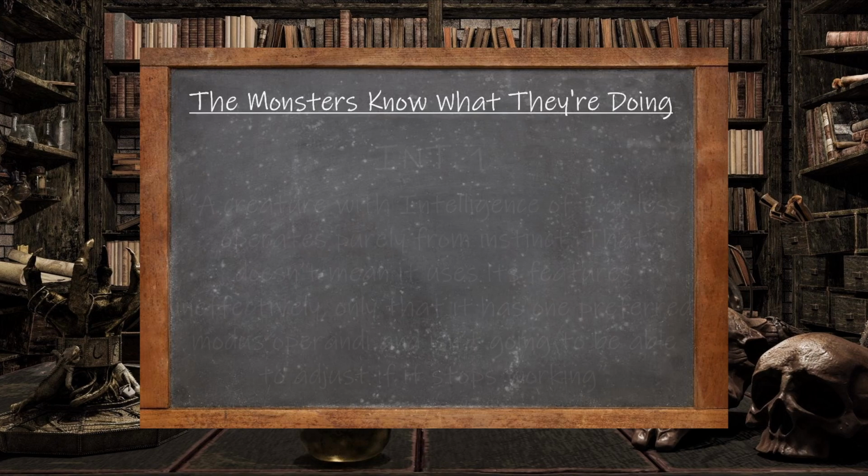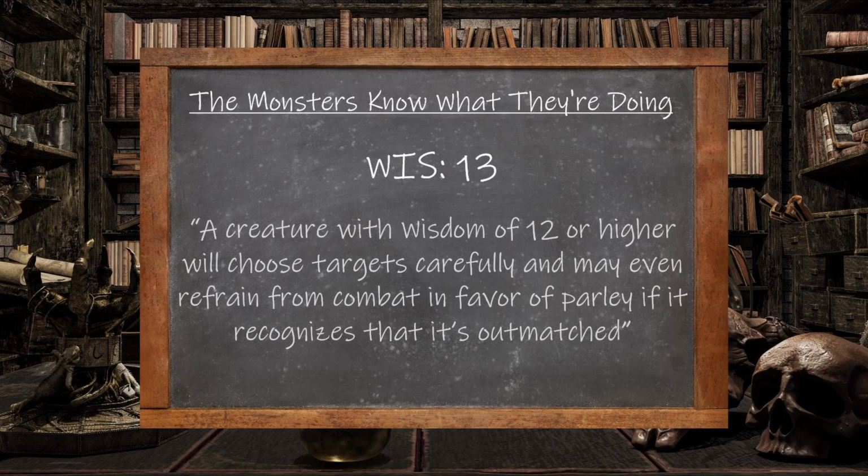On top of that, Ankhegs also have a wisdom score of 13. With regards to wisdom scores of 12 or 13, Amon states, "A creature with wisdom of 12 or higher will choose targets carefully, and may even refrain from combat in favor of parley if it recognizes that it's outmatched."